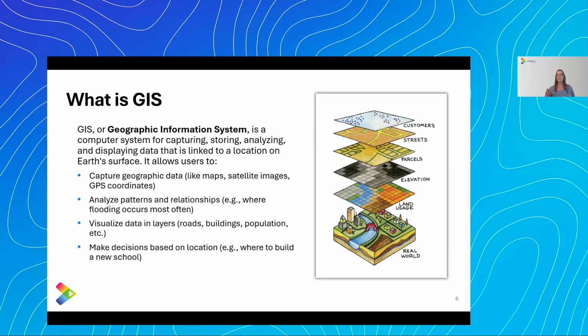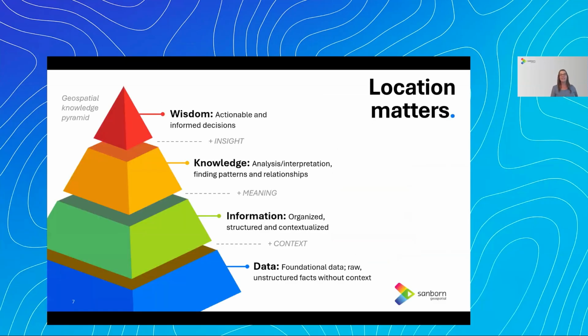It allows us to analyze patterns and relationships. You can visualize different layers, so how things interact. That helps with our understanding of trends, and it helps with our decision making. I think all of us humans tend to be visual, right? We understand things better when we can see them.